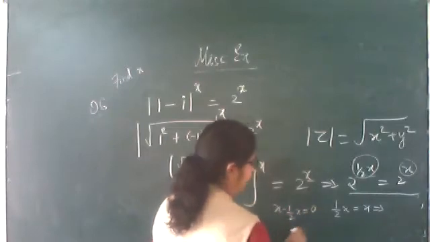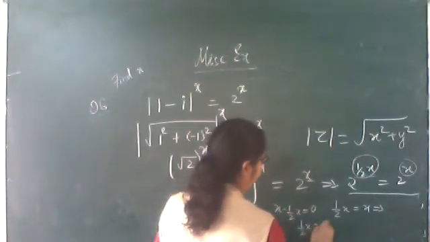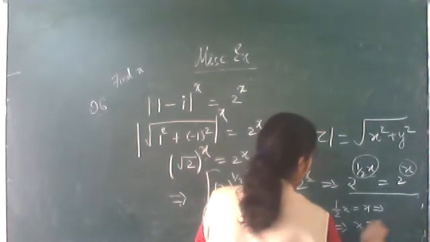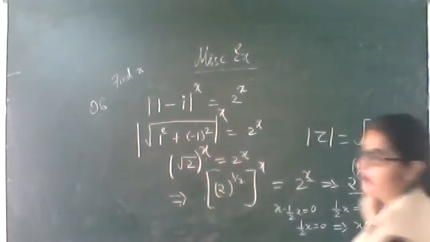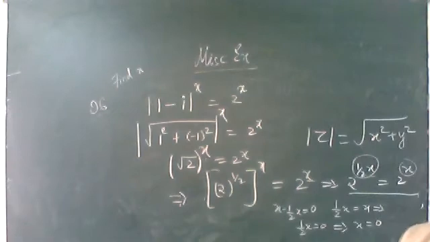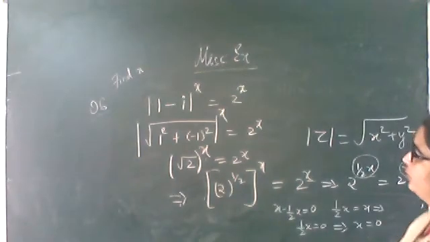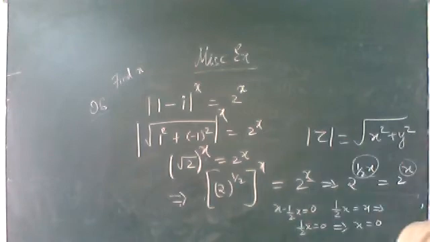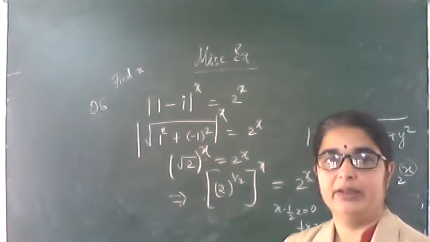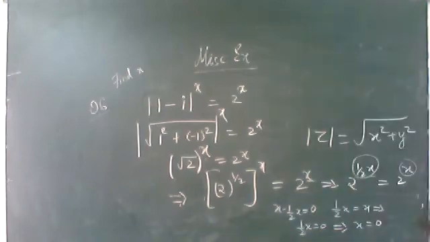So x minus half of x is half of x, equal to 0. This implies x is equal to 0. You can write it directly from here also, x is equal to 0, but I have shown you how to do it. Is that clear, everyone? Now come to the next question.